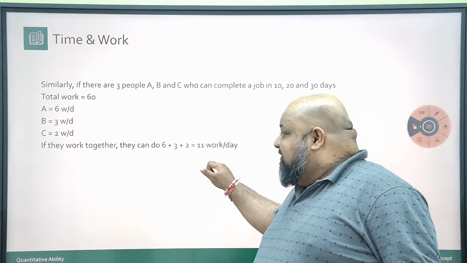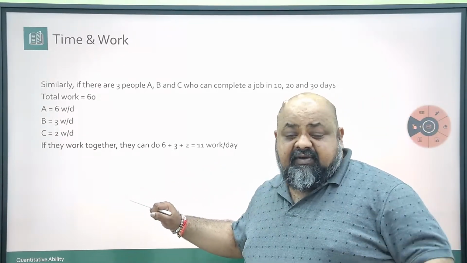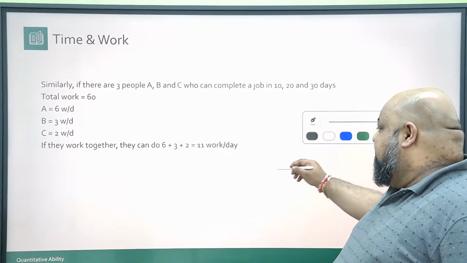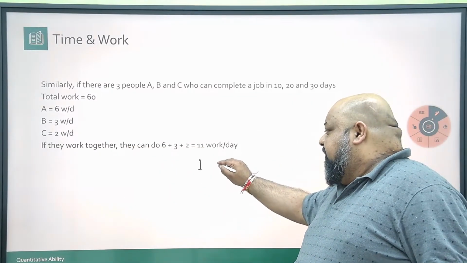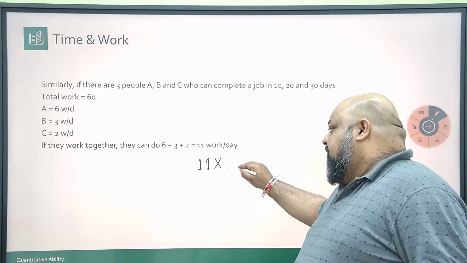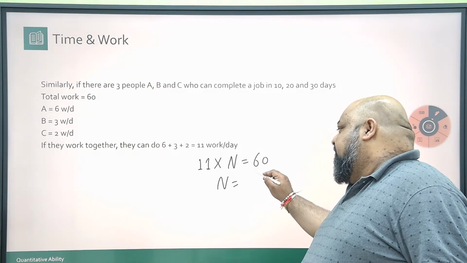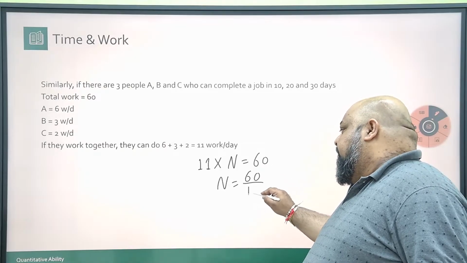Now if at this rate they work for n number of days, they will be able to finish the work. Worked for n days is the total work, and therefore n is simply amount of work upon efficiency.